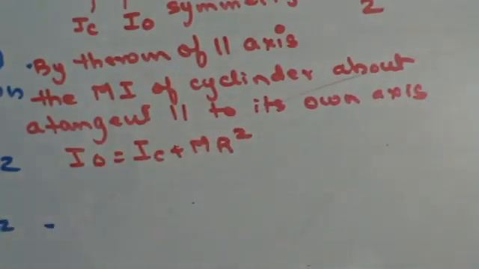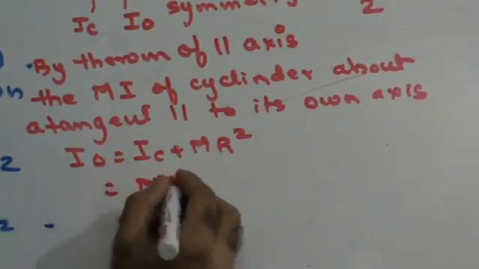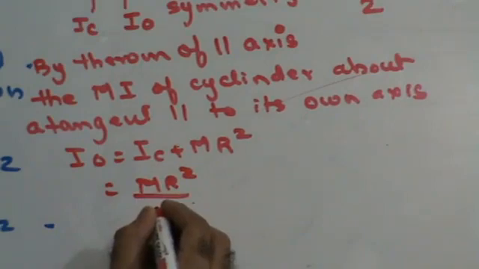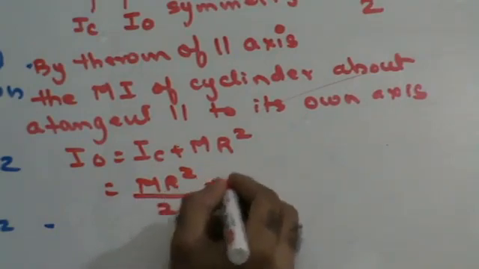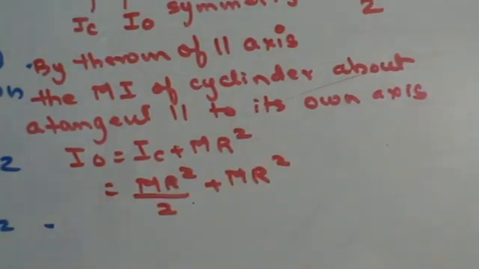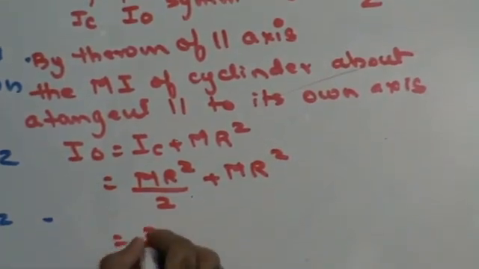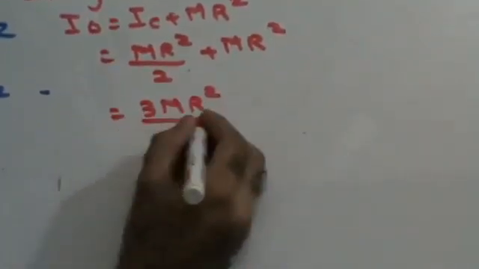That's my normal formula of theorem of parallel axis. IC we just found out is mr square by 2, plus mr square. So this is going to be nothing but 3 mr square by 2. That will be my moment of inertia.